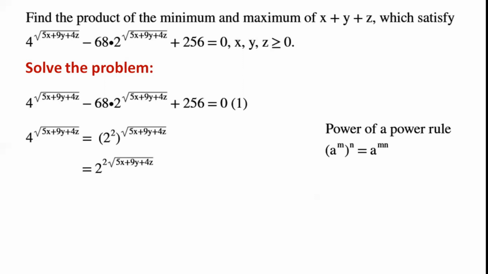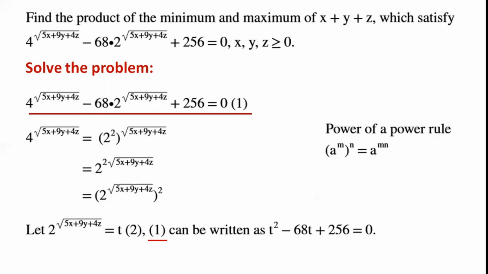So we can now write it equals 2 to the power of 2 times root of 5x plus 9y plus 4z, which can be written as 2 to the power of root of 5x plus 9y plus 4z, all to the power of 2.